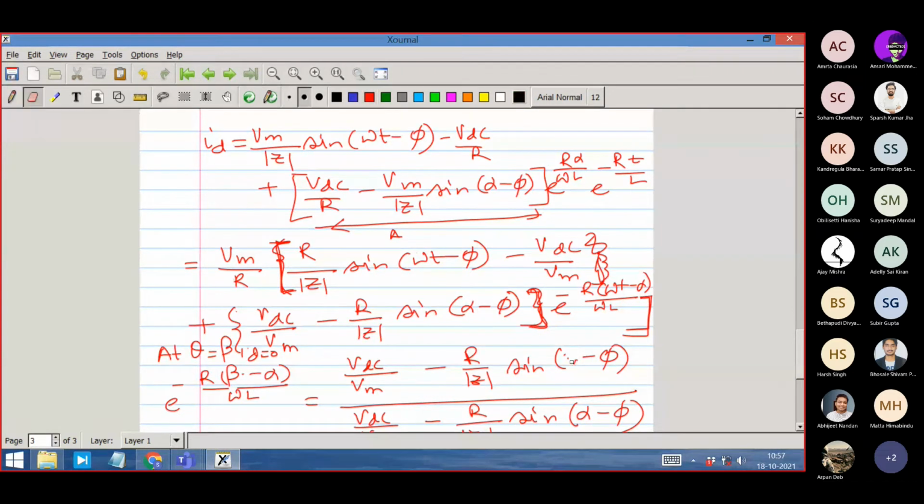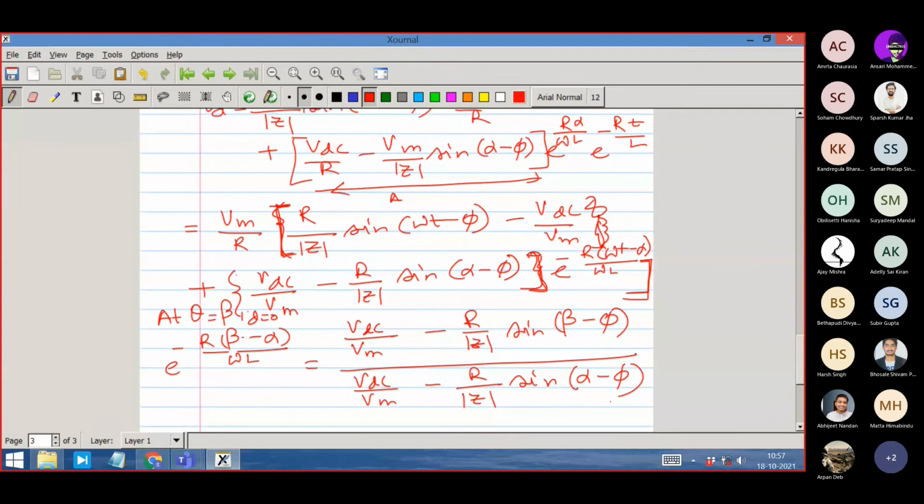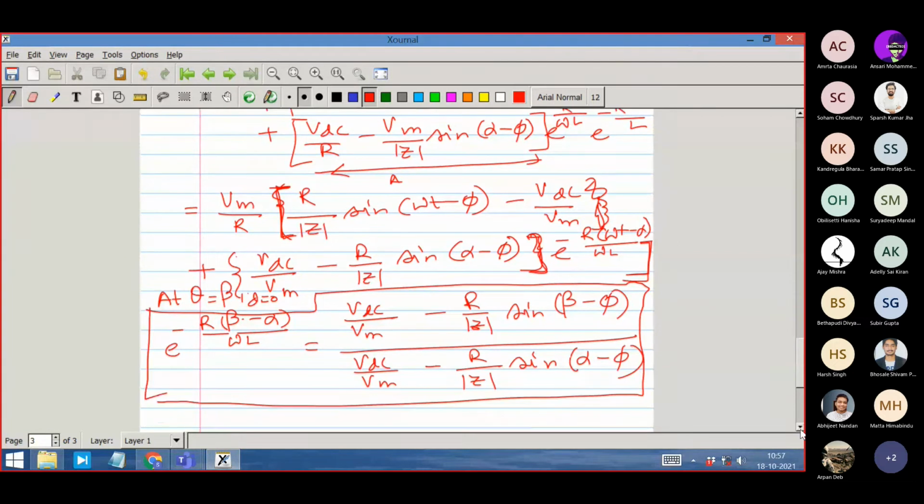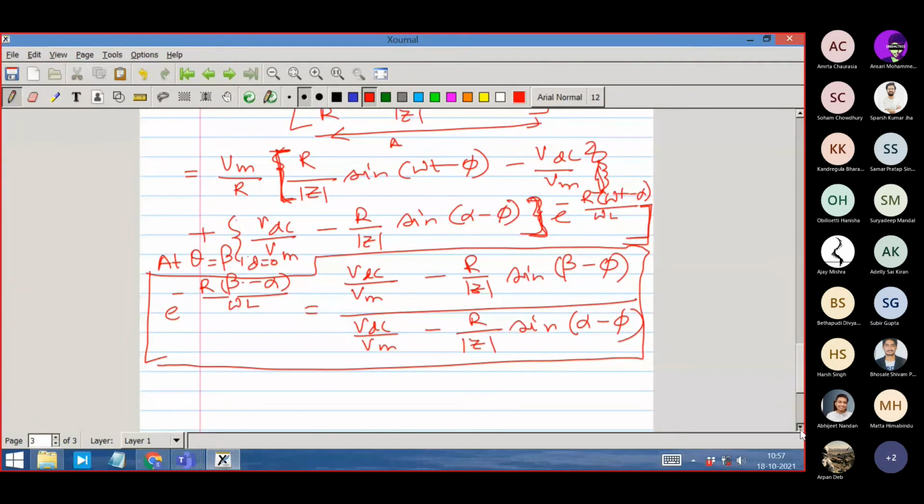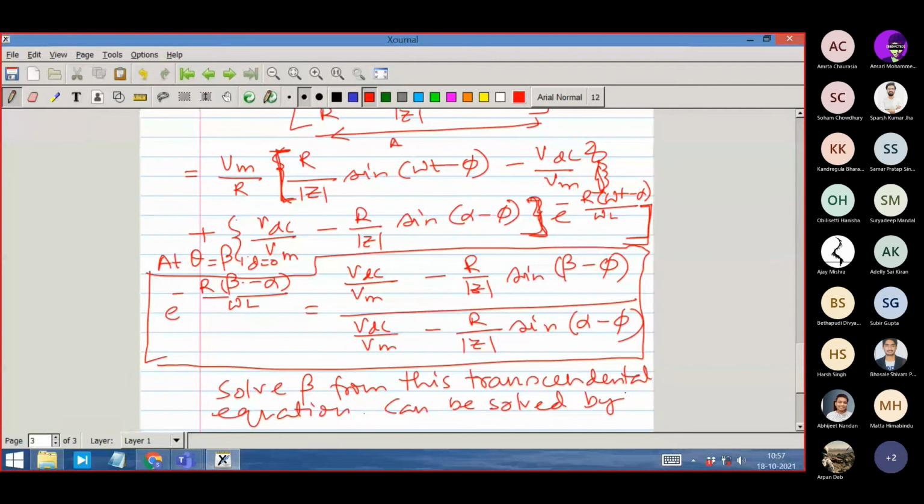So this is the thing that should be used to solve for beta. This is a transcendental equation. It can only be solved by iteration.